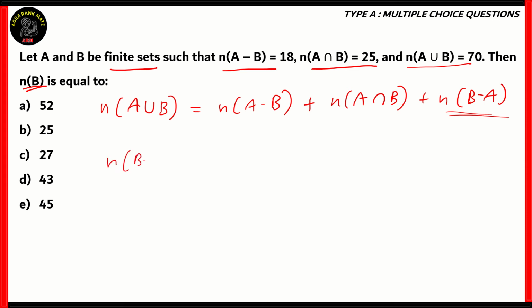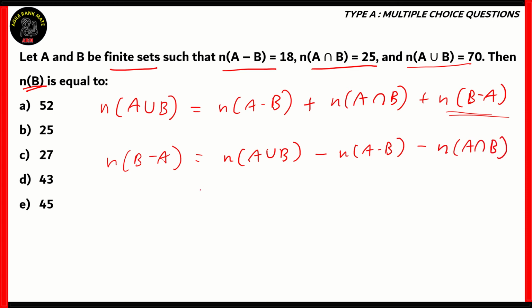So n of B minus A turns out to be n of A union B minus n of A minus B minus n of A intersection B.